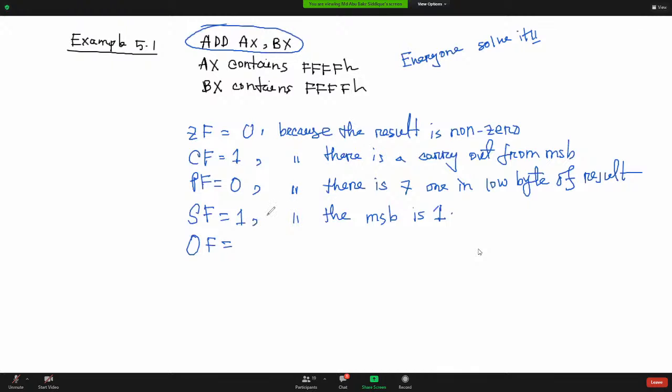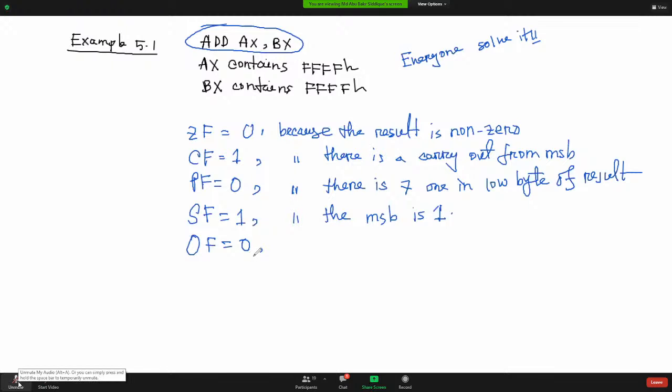Sir, it will be 0, because after adding, the result is similar to the previous. Okay, so overflow equals 0 because what did you say after adding the result is? Sir, after adding, the result is similar to the previous.